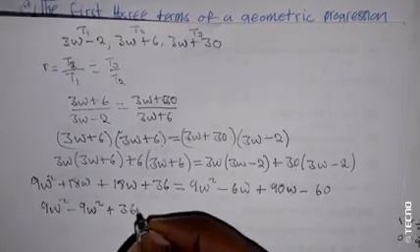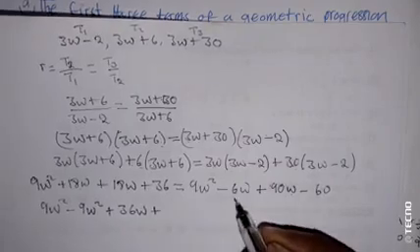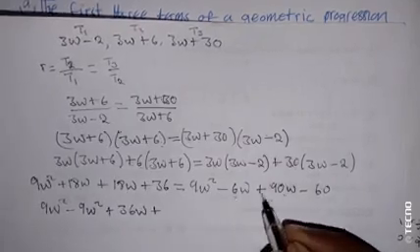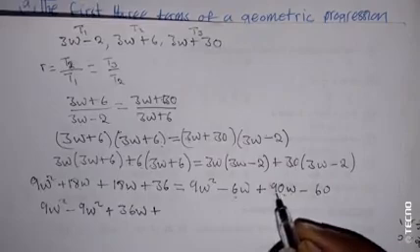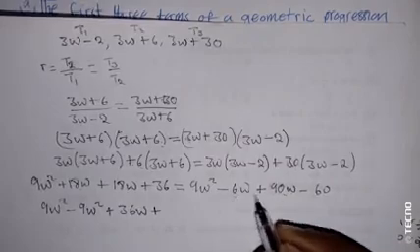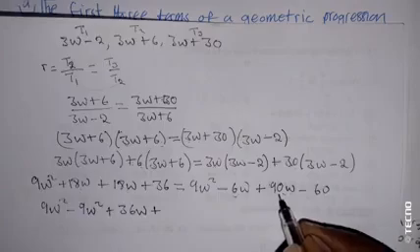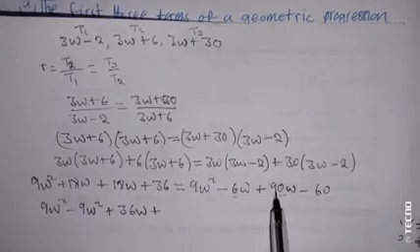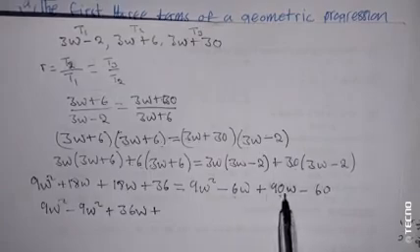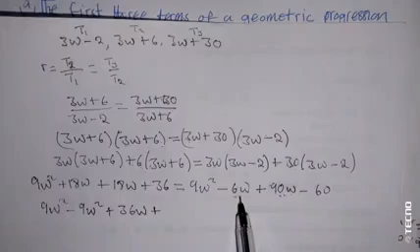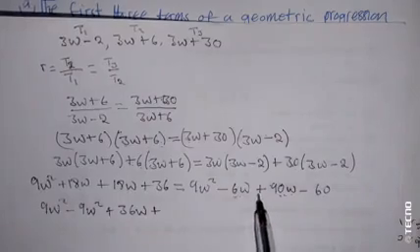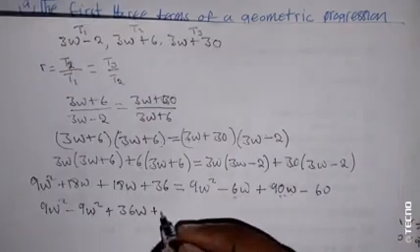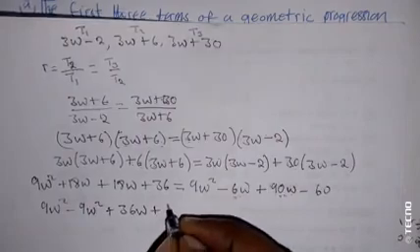For the w terms, these two have different signs, so we subtract: 90 minus 6 gives 84. So this 84w is positive, and once it comes to this side it will be negative.